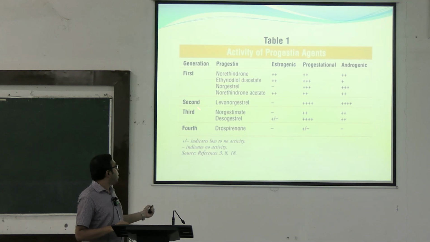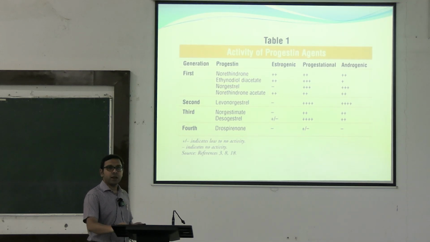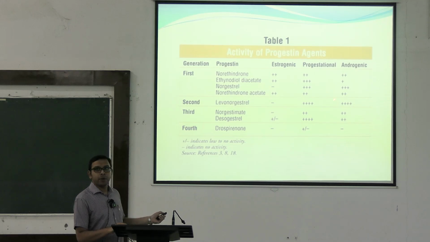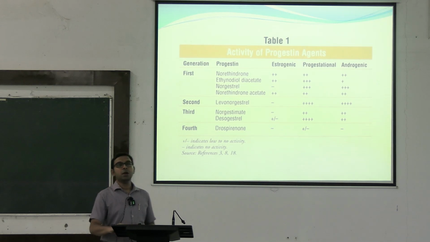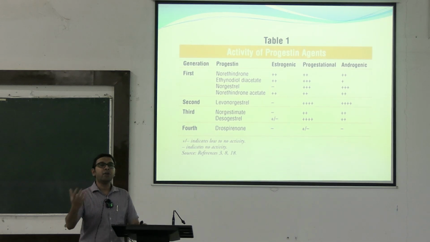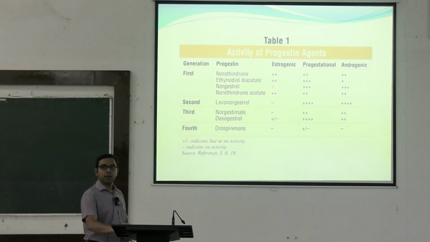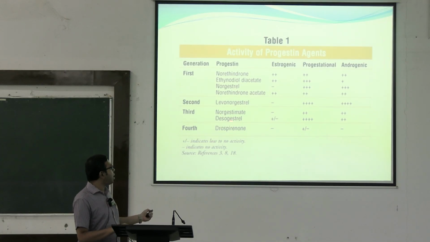Second generation, like levonorgestrel, has no estrogenic activity. It has very high progestational activity. You can see four positives in comparison to the two or three positives, and four positives for androgenic activity. So this is very high androgenic activity and very high progestational activity, this levonorgestrel. Similarly, norgestimate and desogestrel have very high progestational activity and some androgenic activity.